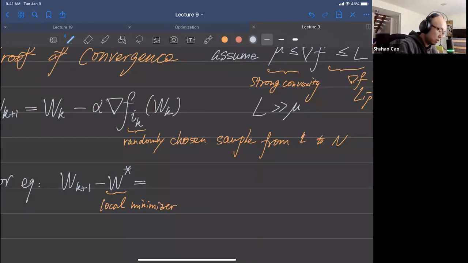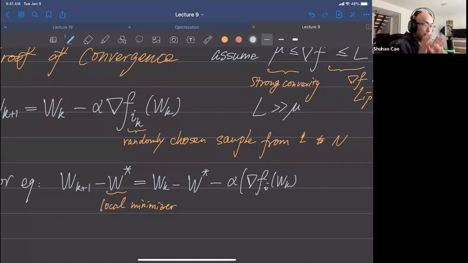So this equals w_k minus w star, minus alpha times the gradient of f_i at w_k.